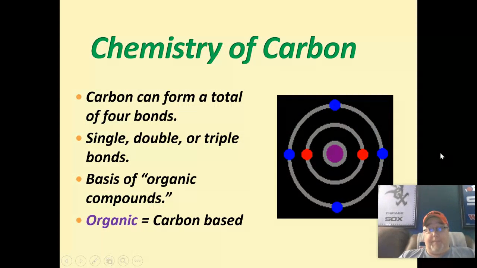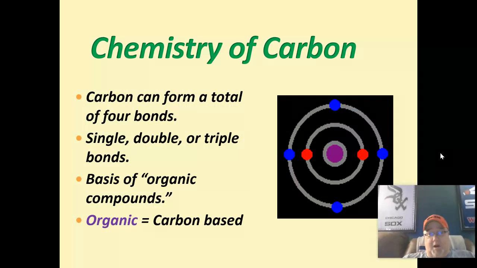So, one thing that you should probably be a little bit familiar with is carbon's position on the periodic table. If you have a periodic table with you, I gave you guys one in class, take it. You might want to pause the video here and just locate where carbon is.